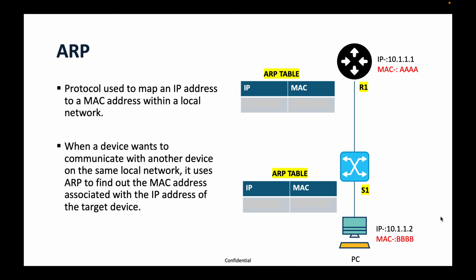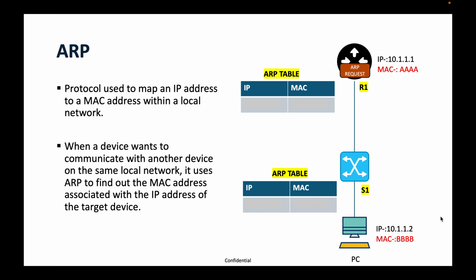So for example, here the host PC needs to send an IP packet to its default gateway, R1. Now PC1 sends an ARP request to learn the MAC address of the router's 10.1.1 address. In the beginning, the PC knows the IP address, but it doesn't know the MAC address. So to learn the MAC address, it forwards an ARP request.